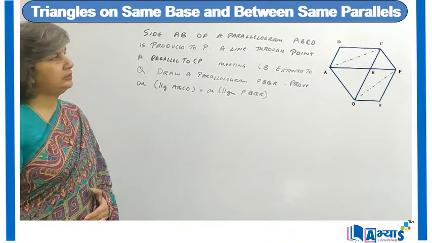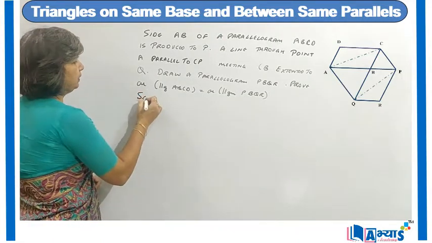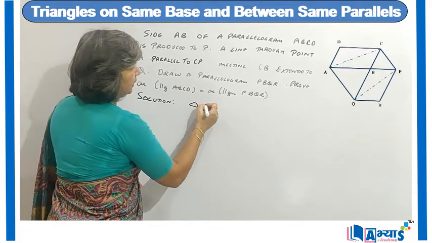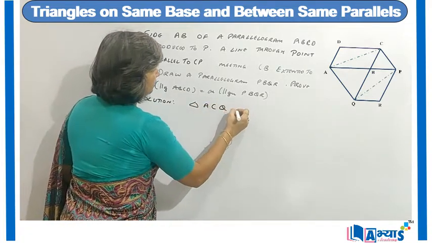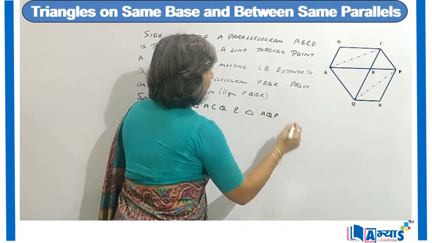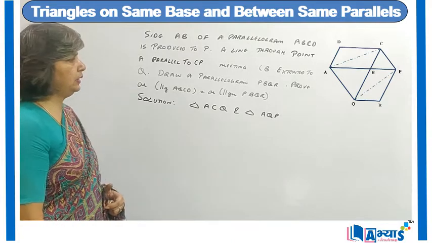So as you can see from the figure, we have two triangles. The solution can be: we have two triangles, triangle ACQ and triangle AQP.